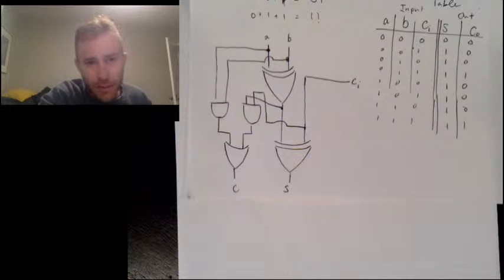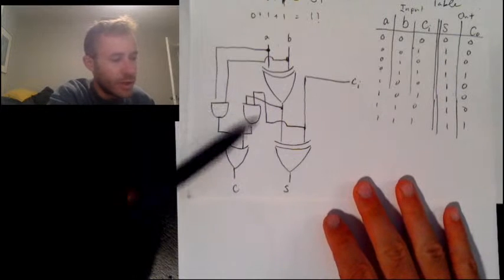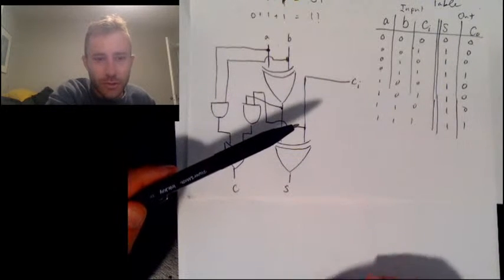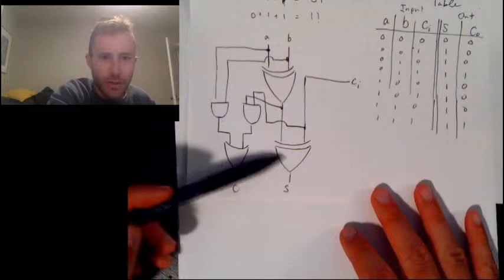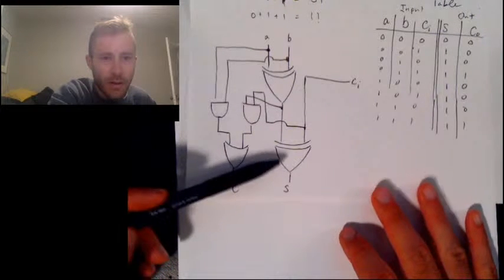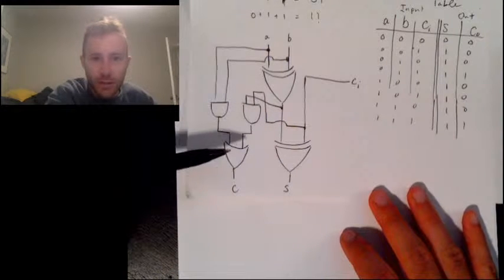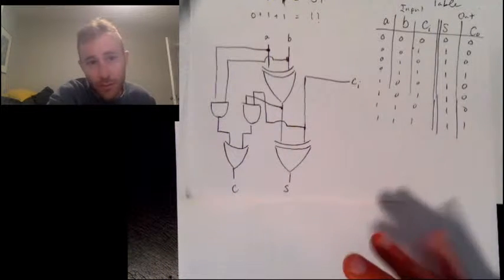Now, I haven't explained why this is, but basically each logic gate is 2 transistors. Actually, you might need more for XOR. So if we look at this, somewhere around 10 transistors are needed to make a full adder.